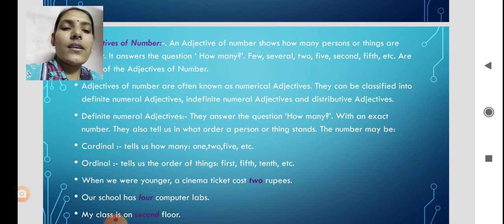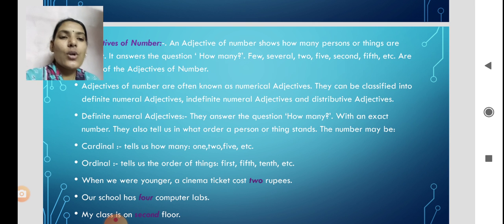When we were younger, a cinema ticket cost 2 rupees. 2, it's a cardinal number. Our school has 4 computer labs. 4, it's also a cardinal number.